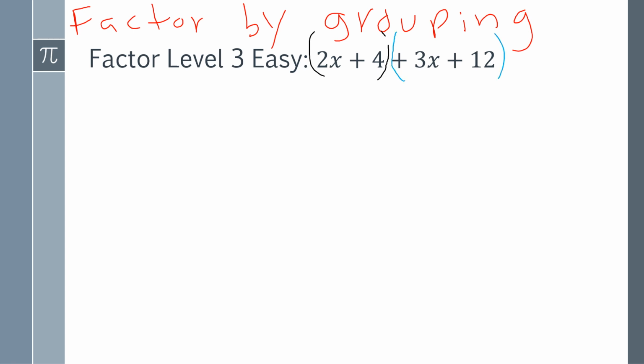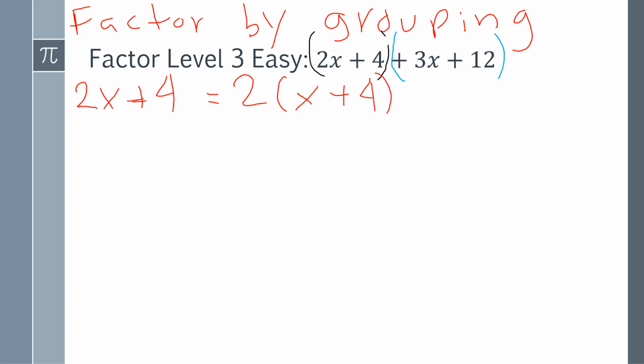Make sure you get the signs when you group them, all right? So in group 1, let's find out the greatest common factor of this. When I factor this out, we know the GCF is going to be 2, and then it's going to be x plus 4.